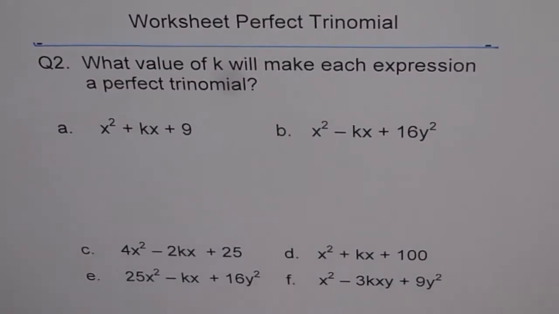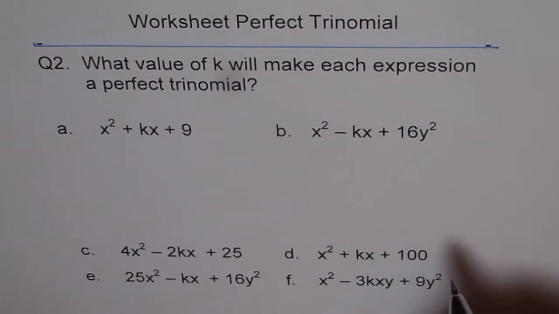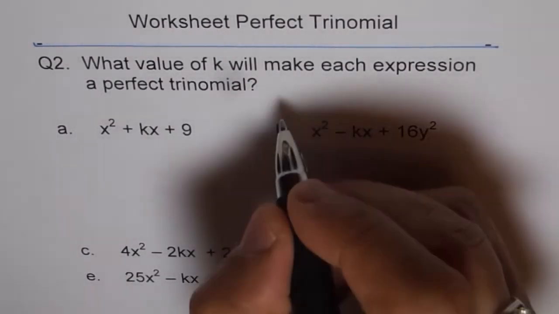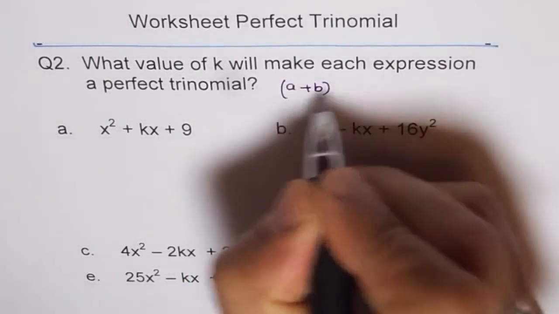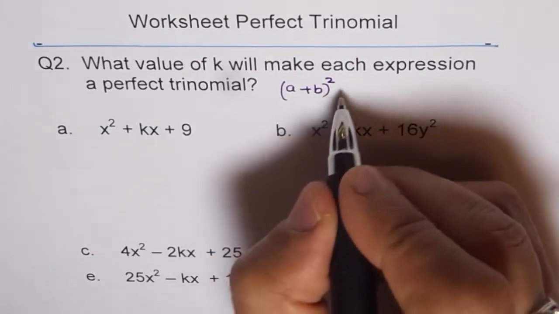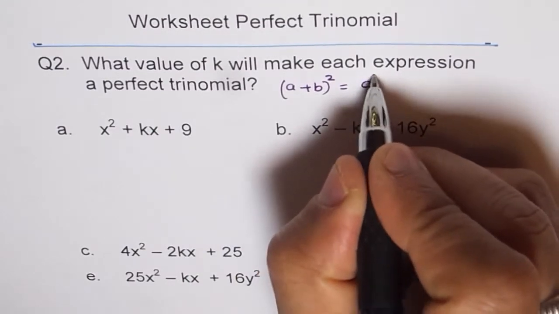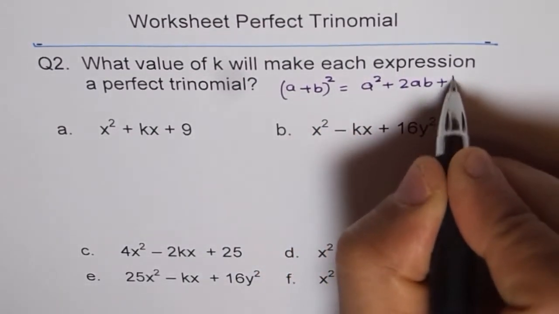Now, what is a perfect trinomial? Let's first understand that before getting into this. A trinomial is where we have 3 terms. A perfect trinomial is one which could be factored like (a plus b) whole square. So it has this kind of a factor, (a plus b) whole square, where if you expand this, you get the trinomial, which is a squared plus 2ab plus b squared, correct?